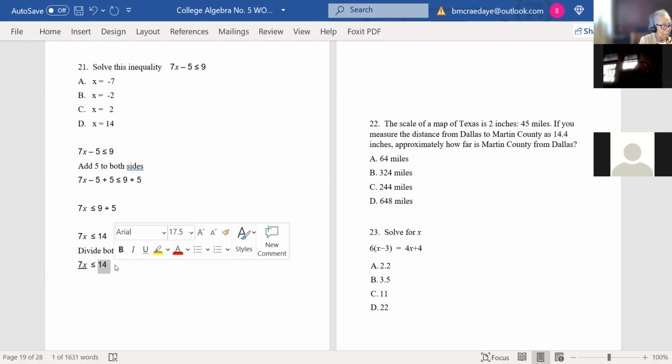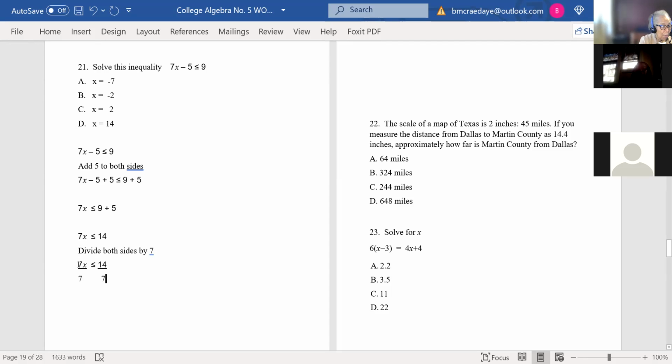Did we divide by -1? No. So divide both sides by 7. You only have equal, that might be an error. You didn't have the sign. Yeah, these shouldn't be equal. They should be the less than or equal.